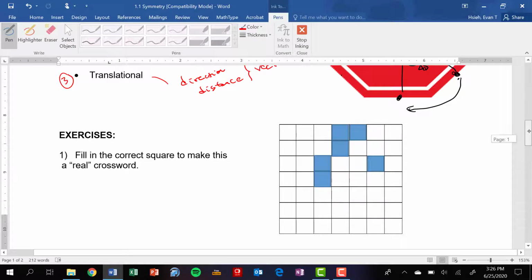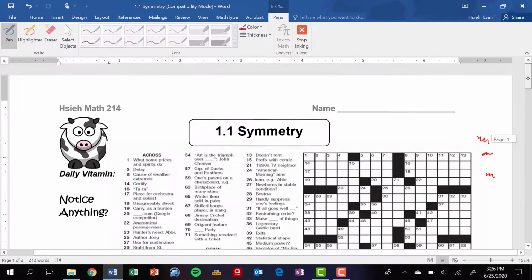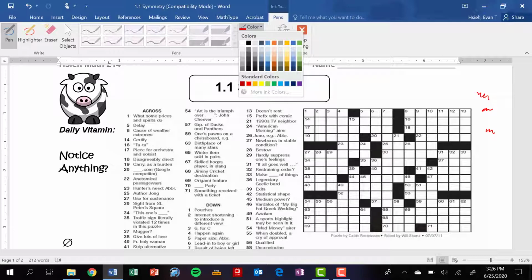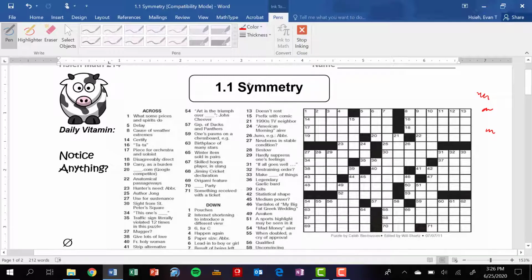So let's actually look back at the crossword puzzle. Have you identified yet what type of symmetry this has? Well, this crossword puzzle, as well as all New York Times crossword puzzles, have rotational symmetry. So if I pick a point like right here, all these points are going to be rotated 180 degrees.